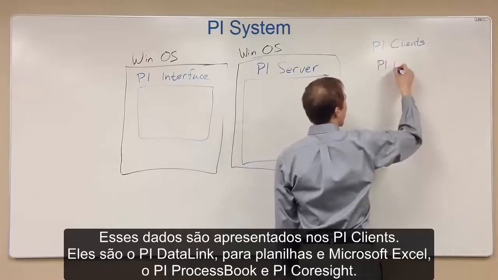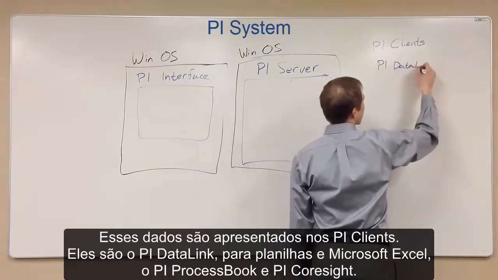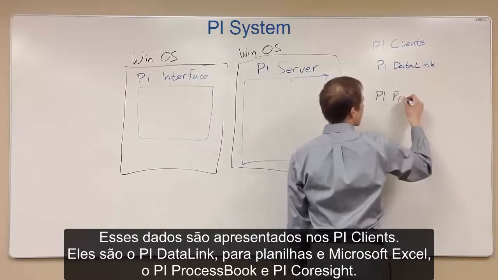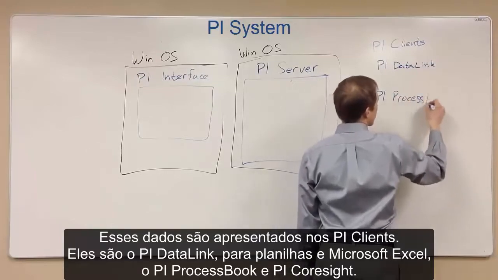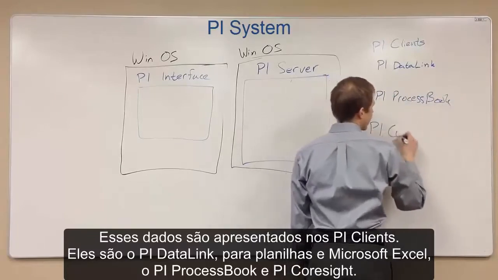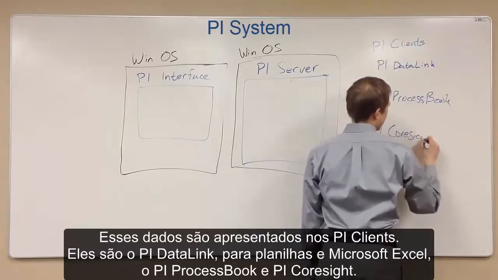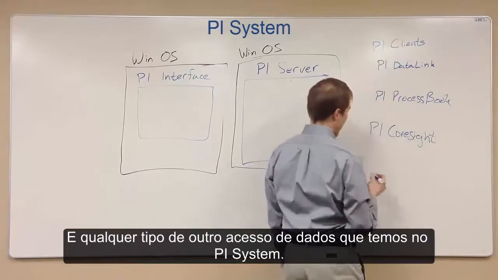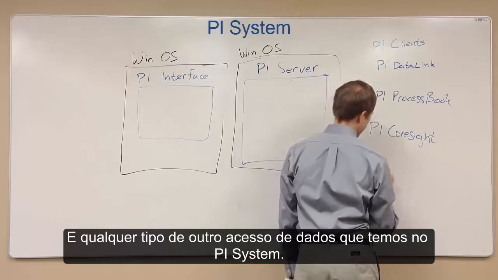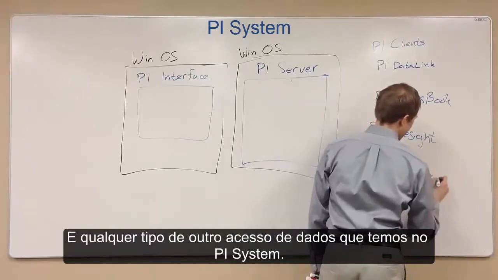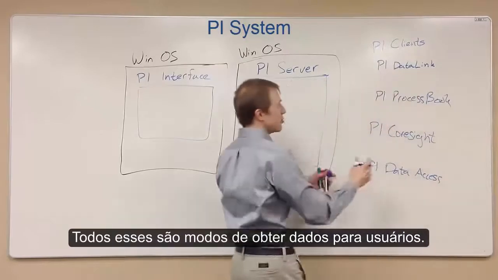Things like Pi DataLink for spreadsheets in Microsoft Excel, Pi ProcessBook, Pi CoreSight, and any kind of other data access we have to the Pi system. These are all ways to get data to users.